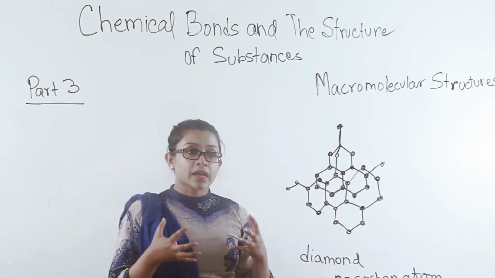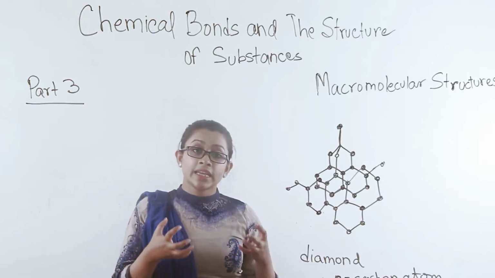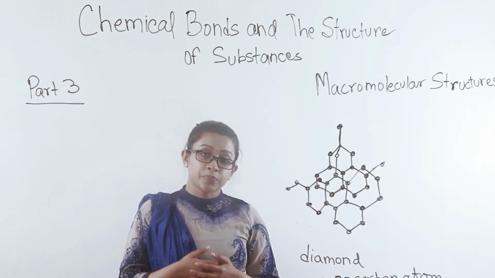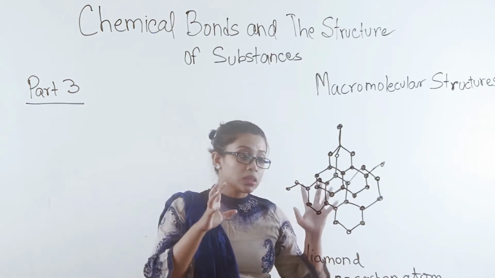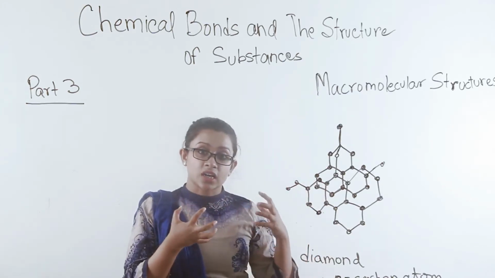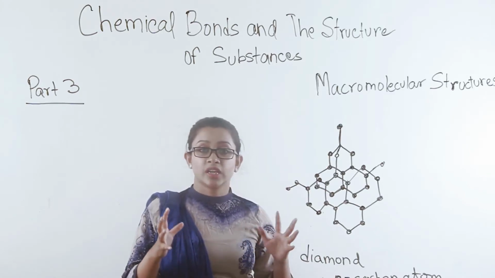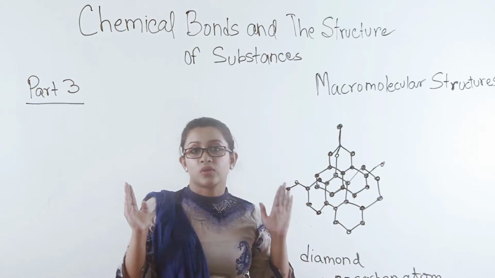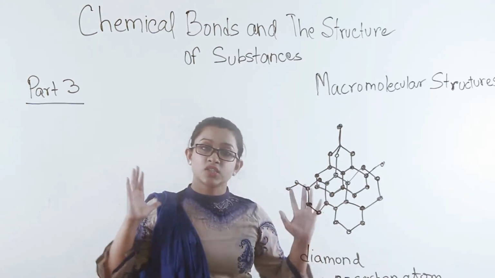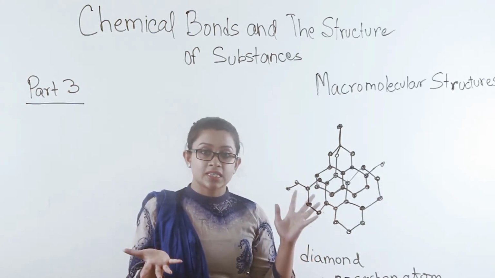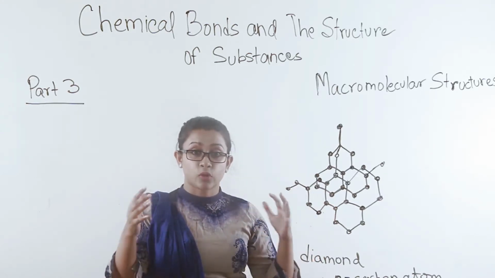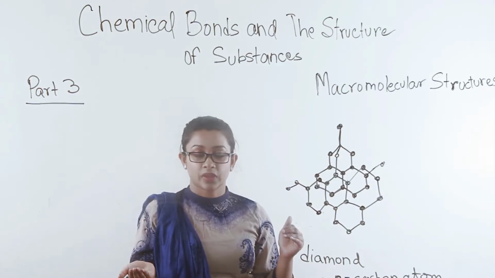In a macromolecular bonding, the entire set of atoms that are involved in making one molecule are combined together in one big bond formation. It's one giant molecule, one giant bond forming the entire molecule.